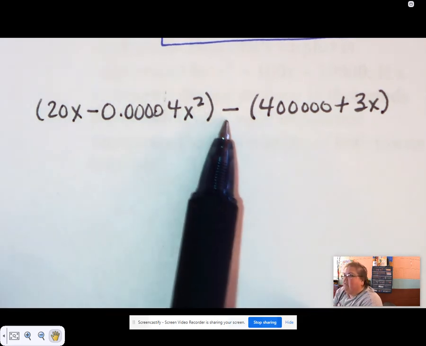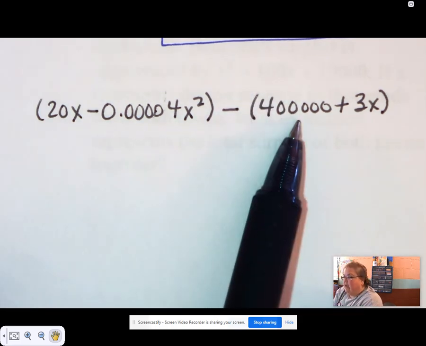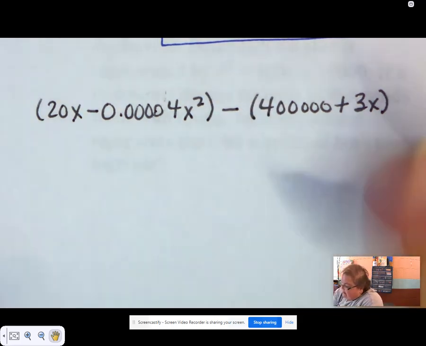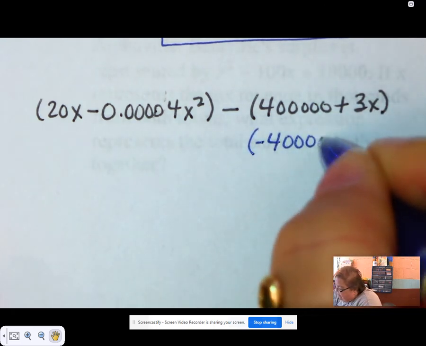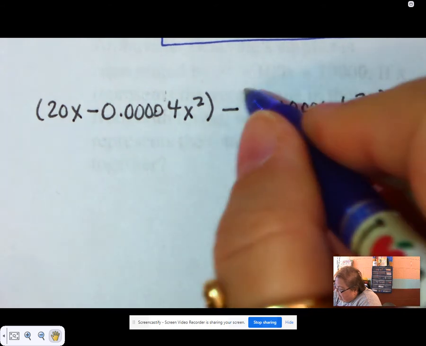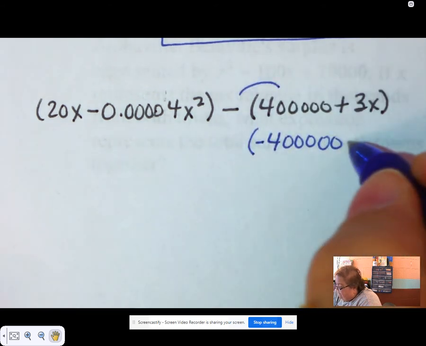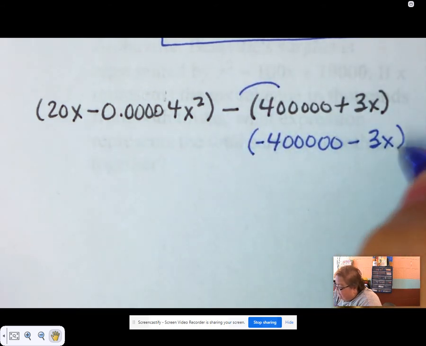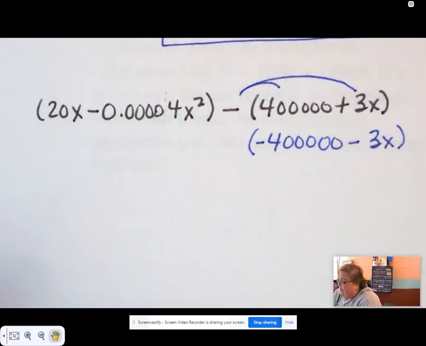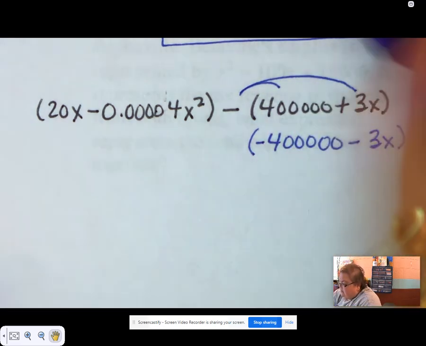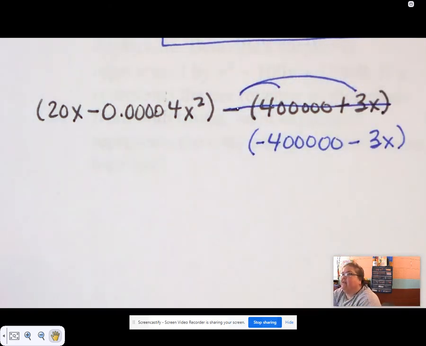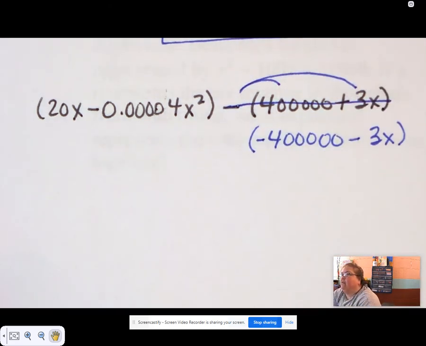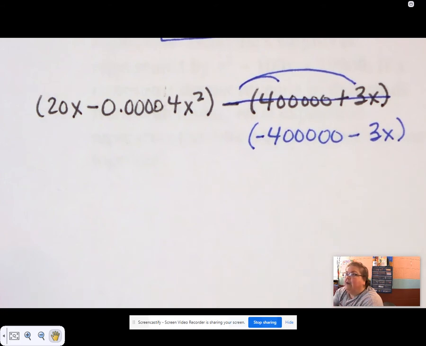Now, since it's subtraction, this side gets rewritten, right? Because now it's negative 400,000 minus 3x. Because when I distribute that negative, that's what happens. And that goes away. So I have a new monomial to work with. And then I just combine like terms like I usually do.